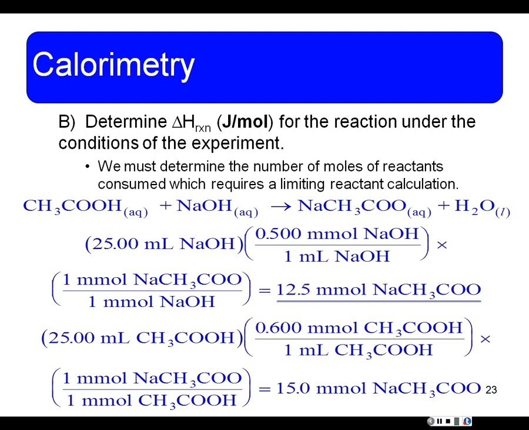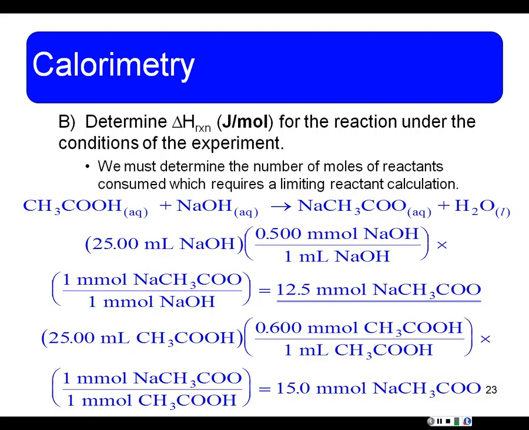So what we're going to have to do, here's our reaction. At the very top here, acetic acid, just showing you that again. What's our ratio of acetic acid to NaOH? 1:1. We have 25 mils of both. So you start with your volume and you multiply it times the molarity. You look back at the problem, it was 0.5 molarity, which is equal to millimoles per milliliter.